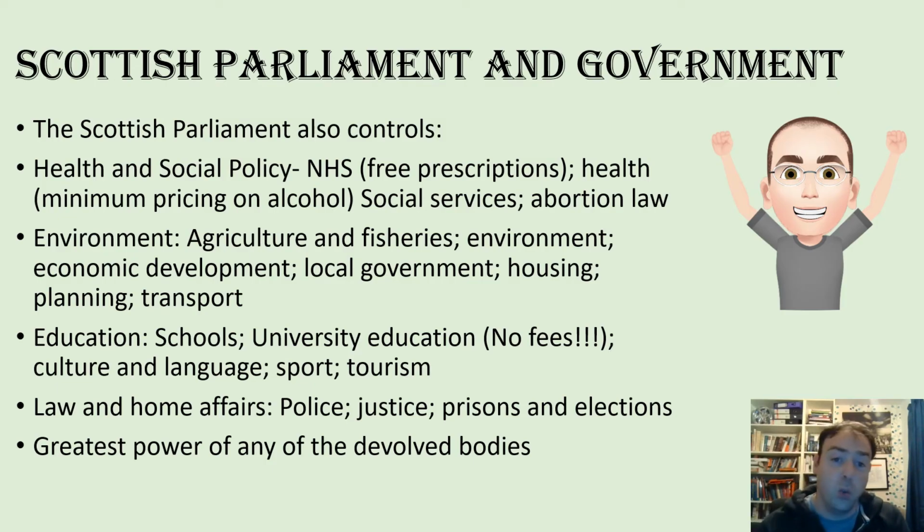Now, one of the reasons why you'll see things in there that you won't see elsewhere or you definitely don't see in England, is something known as the Barnett formula, which is used to calculate the amount of public spending per head in the different parts of the UK, and the Barnett formula gives more money to Scotland than it does to England, for example.